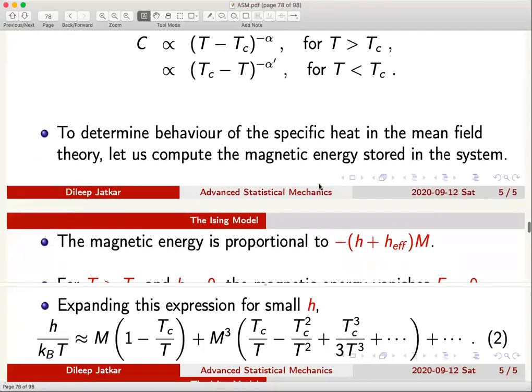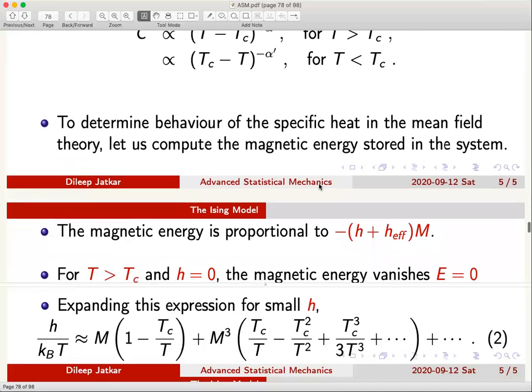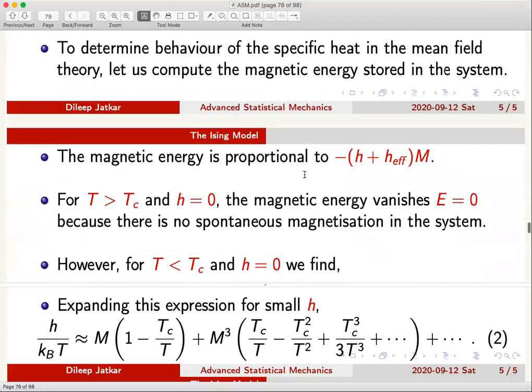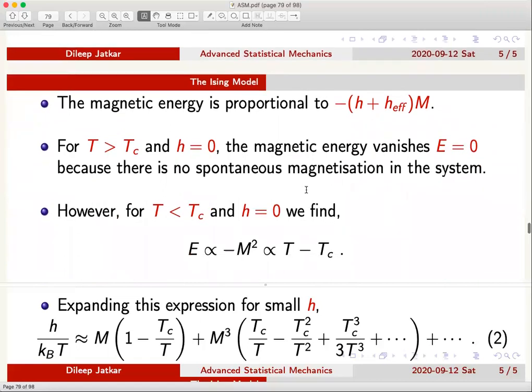To determine specific heat, you compute the magnetic energy stored in the system, and then use that to determine how the magnetic energy of the system depends on temperature. That is how we computed it in the absence of external stimulus, because otherwise the external stimulus itself could generate some magnetic energy in the system.